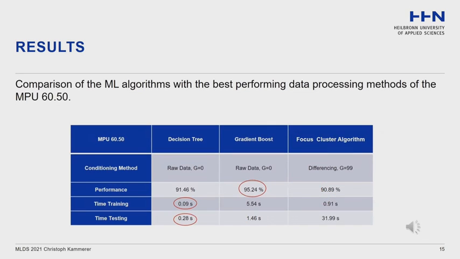Here is the same comparison for the MPU 6050 gyroscope. With the gyroscope, the gradient boost method has the highest performance while using the unconditioned data at 95.24%. For the processing time, the decision tree is the fastest with only 0.09 seconds for training and 0.28 seconds for testing.